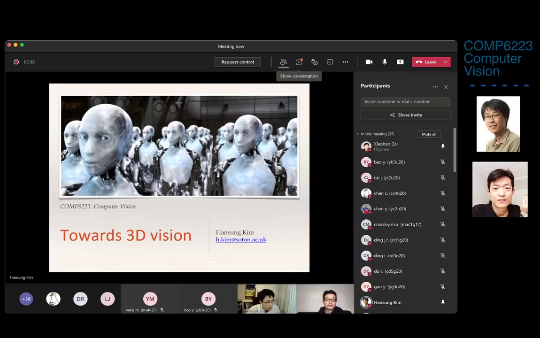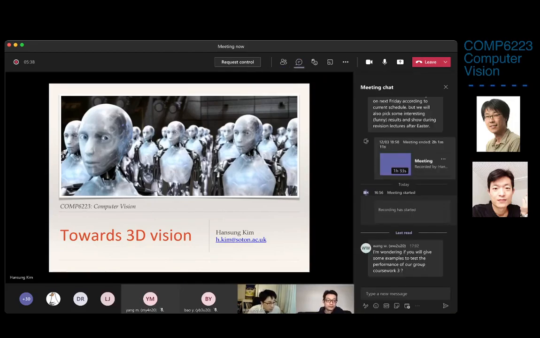There's one question. I'm wondering if you will give some examples to test the performance of our group postdoc 3. All examples are given, like the test images and training images. That's all, but no standard or example to test.